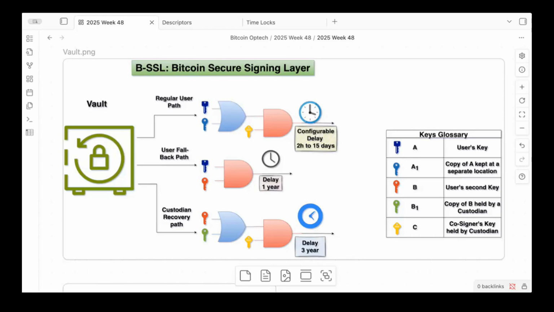This is also configurable, like you can write the script in such a way that, no, this thing will get reset. So you wait for 1 year, and you move this to another same sort of script. The new UTXO will again get a fresh lease of 1 year delay and 3 year delay.